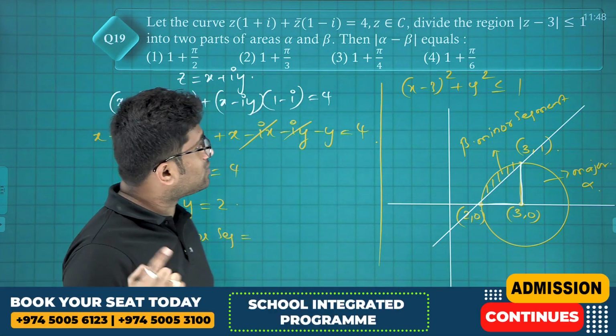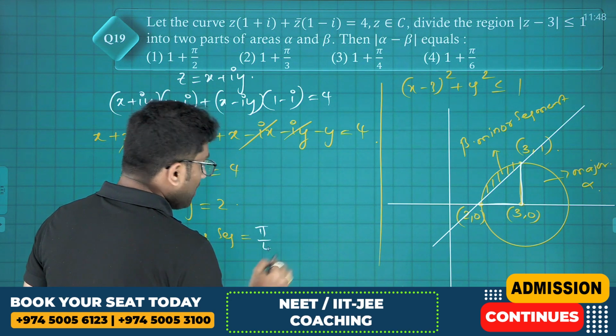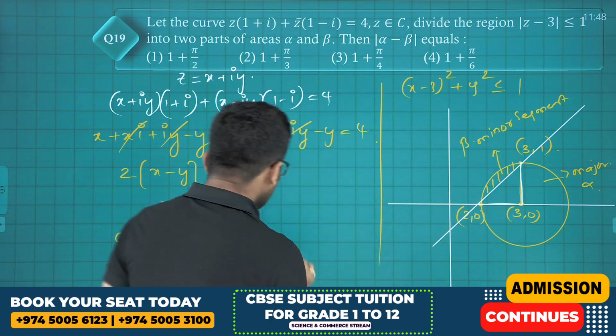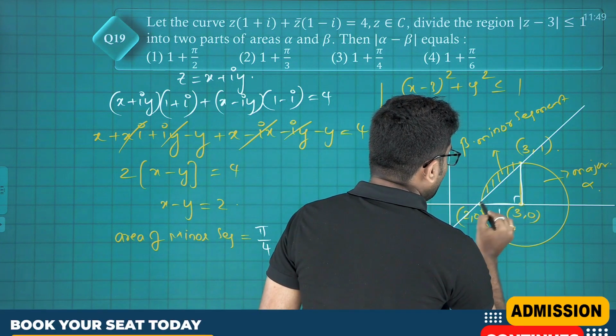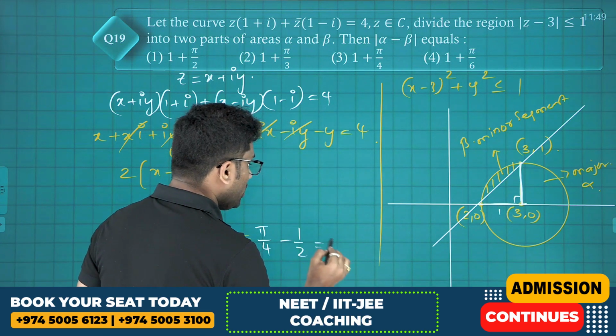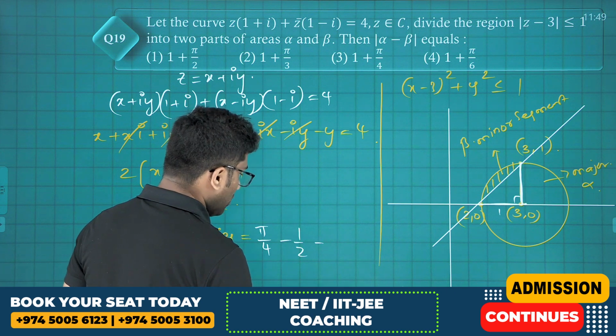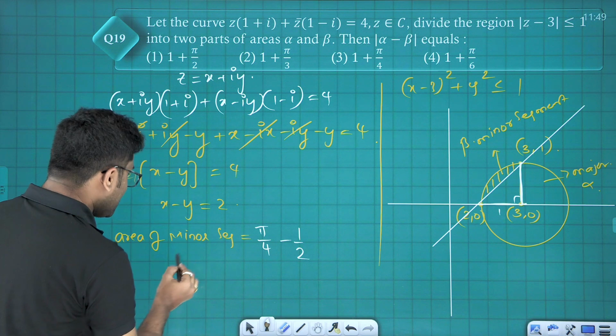Area of circle is pi r square, r is 1, so pi only, pi by 4, this is 1/4 of the circle, minus area of this triangle. For this triangle, half into base into height, 1 unit base, 1 unit height, so 1/2 into 1 into 1, which is pi by 4 minus 1/2 only. Okay, now minor segment area is that.